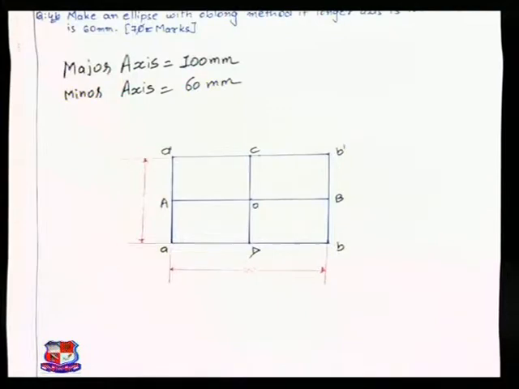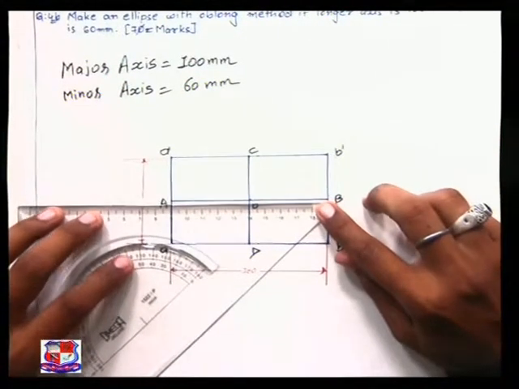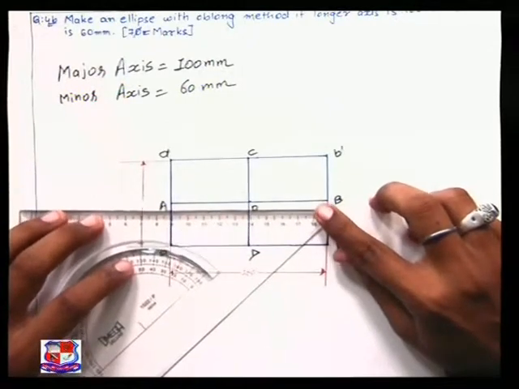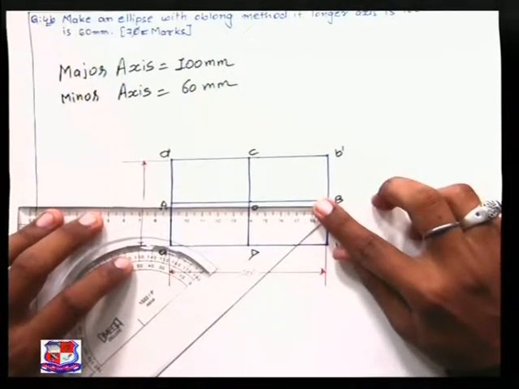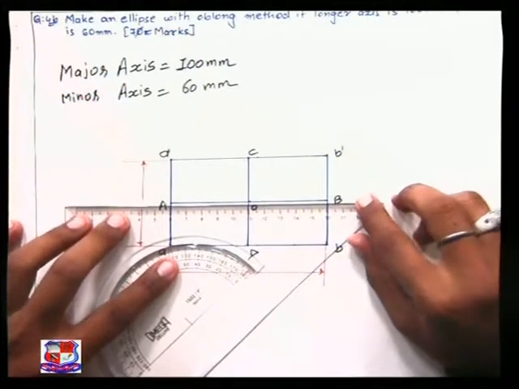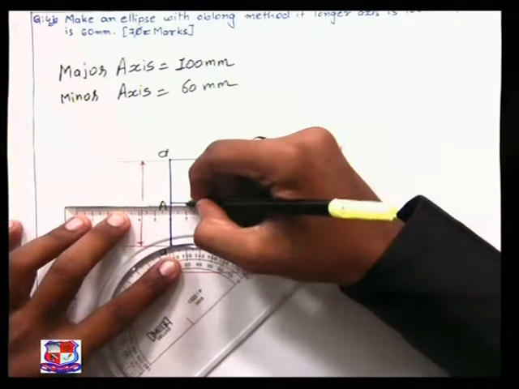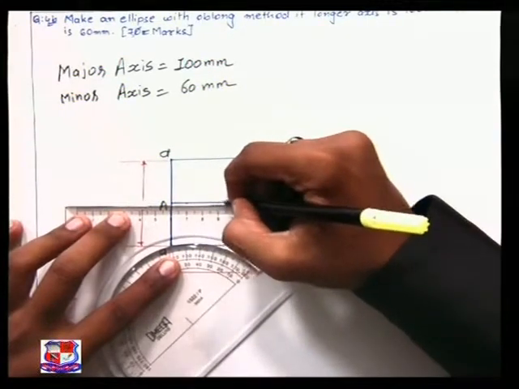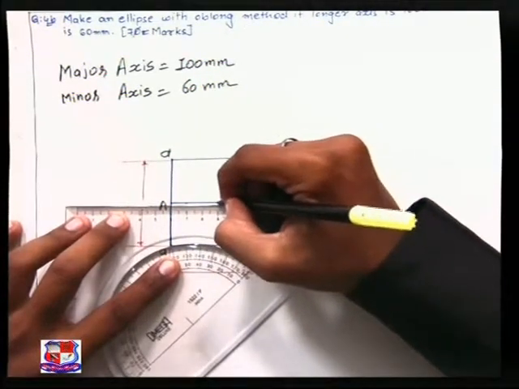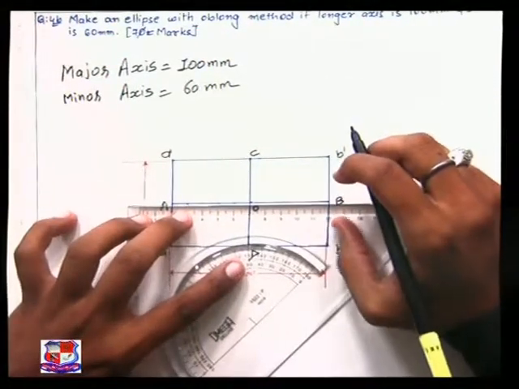Now divide the OA line into 5 equal parts. The line is of 50 mm, so each equal part would be 10 mm. Same way for the OB line.